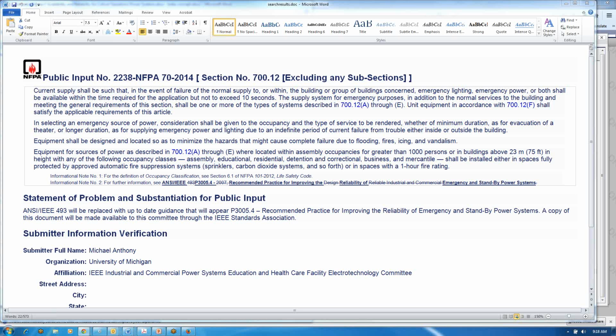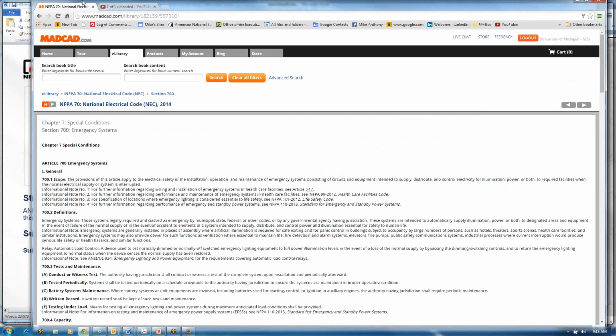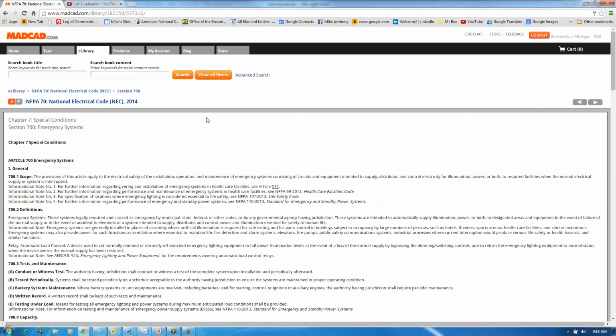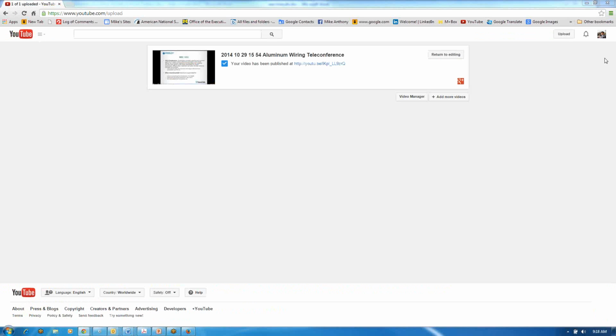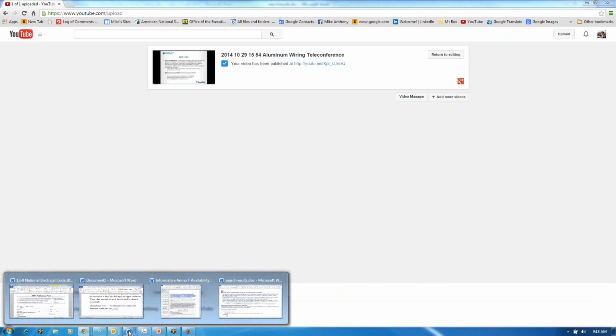But what happens is the assumption that a second utility feed is going to provide you is that it's totally independent. Its failure is totally independent of the failure of the initial utility feed. And that's only partly true, because at least in the eastern United States, you'll find that the substation that you get the feed from is tied into that other substation at a higher level via the transmission system.